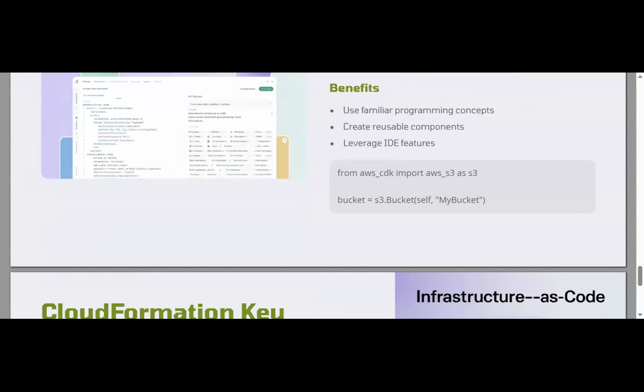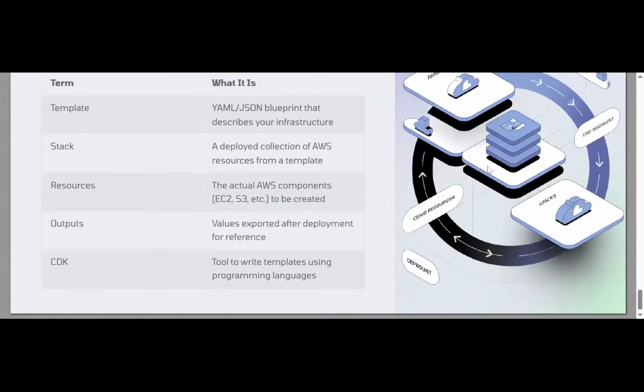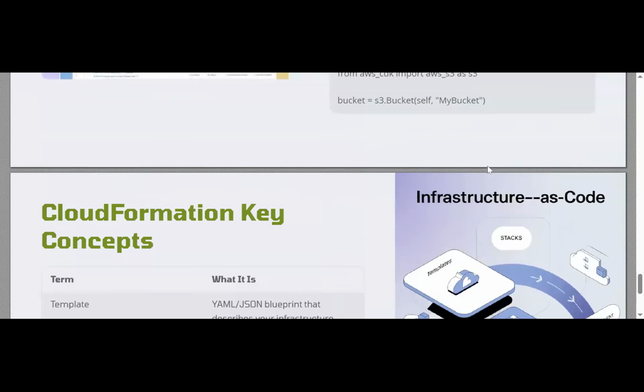Next, bucket: s3.Bucket(self, 'MyBucket'). So bucket equals s3.Bucket(self, 'MyBucket'), that we can call.